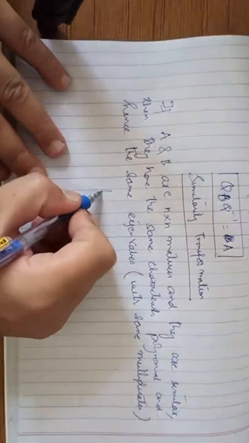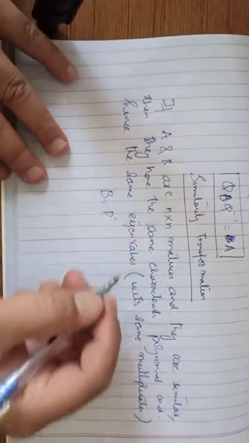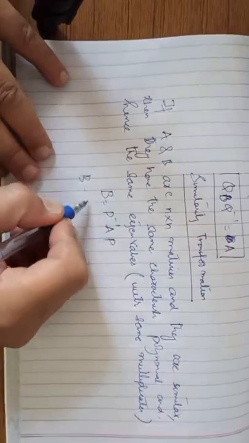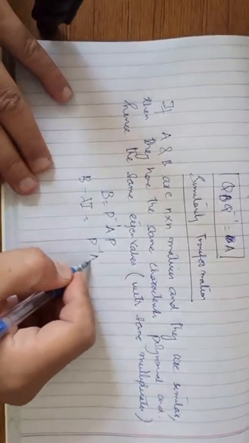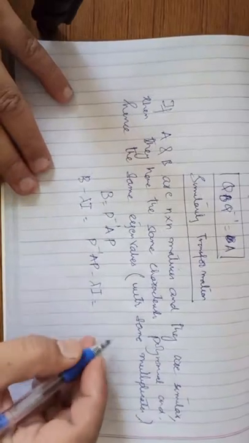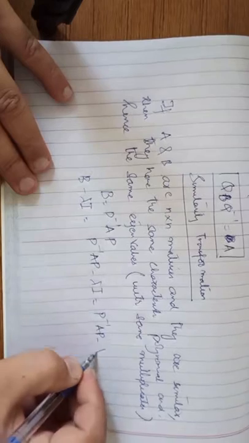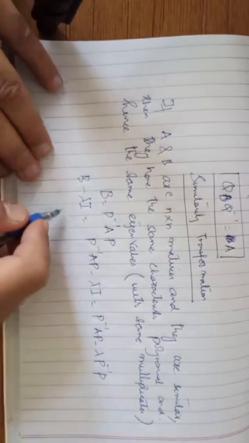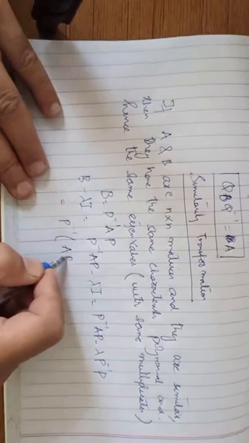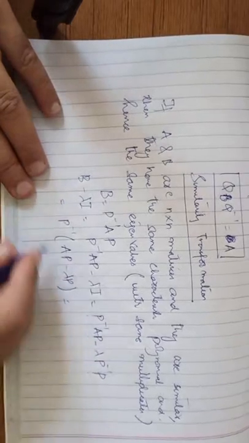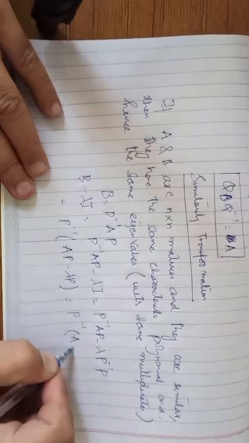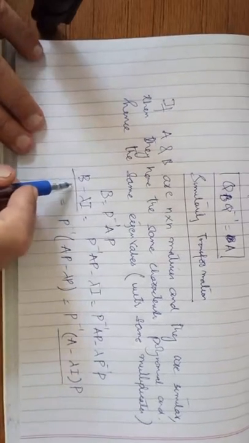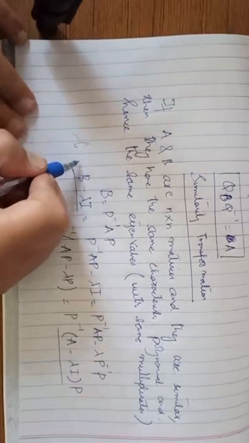If A is similar to B, it means B can be written as P inverse A P. Then B minus lambda I is equal to P inverse A P minus lambda I. Similarly, lambda I can be written as P inverse times lambda I times P, and we can take that P inverse out, which gives us P inverse (A minus lambda I) P. If you take the determinant here, it becomes the characteristic equation.